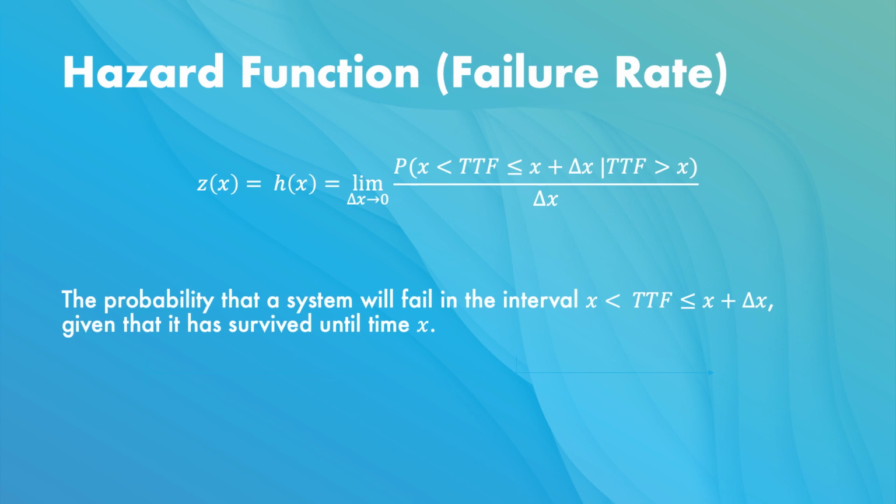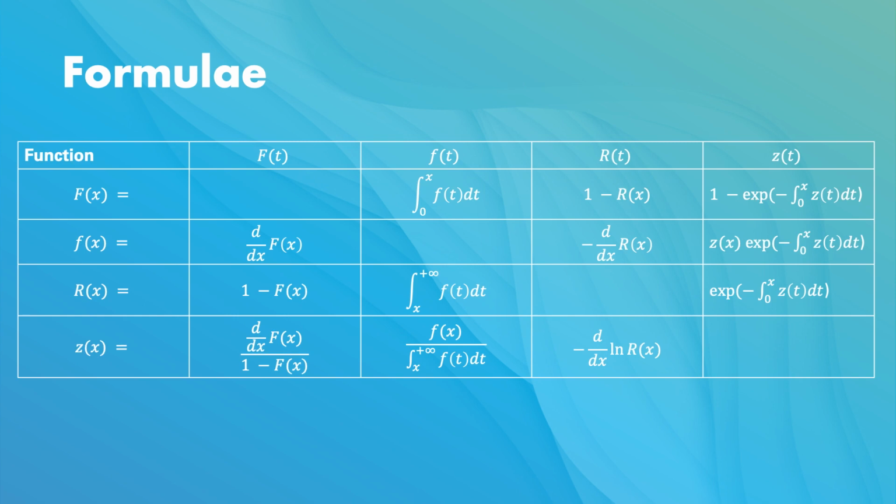Will it fail immediately? That's the question. And you have here several formulas that show how you can move from one function to the other, from the probability density function to the failure function, or from the reliability function to the failure function, and so on.